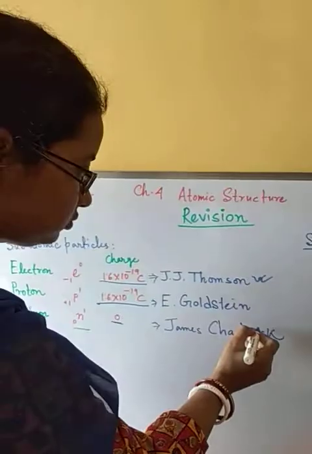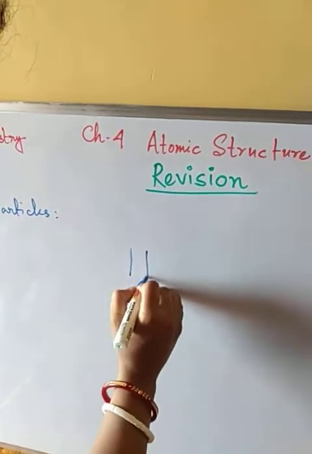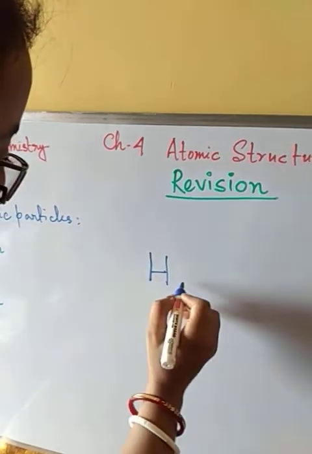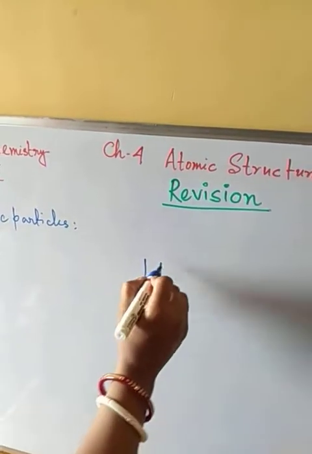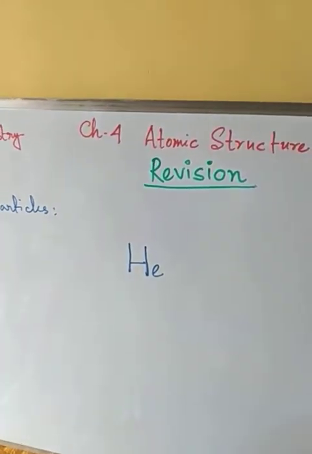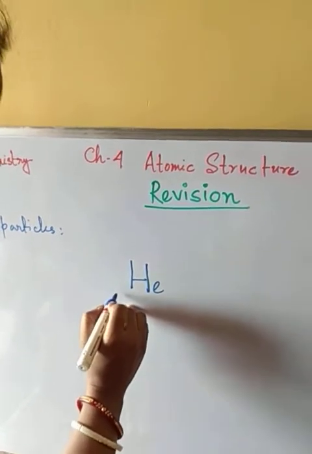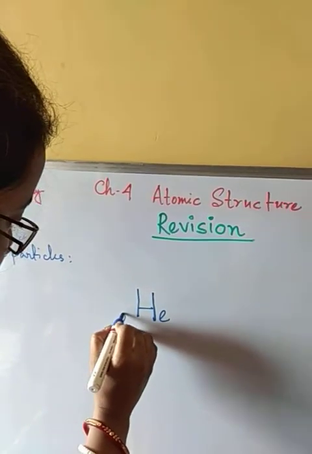Now let us see how we can represent an atom. This is helium, one helium atom. Okay, He, helium, the second element. Why are we calling it the second element? Because its atomic number is 2 after hydrogen.